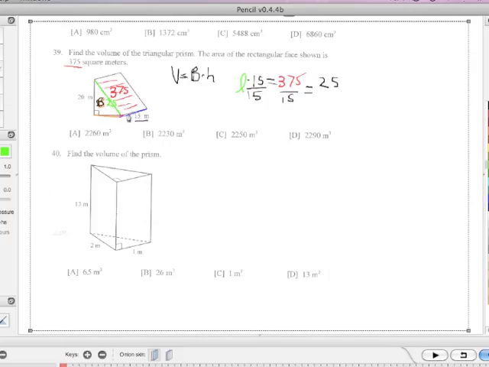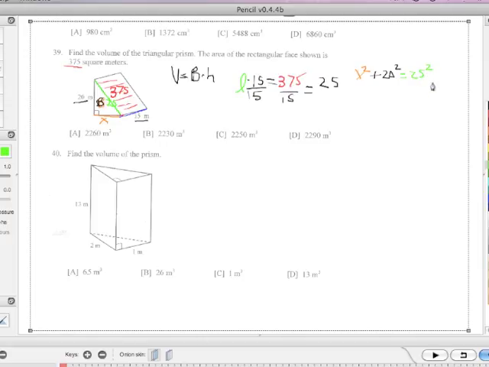Now we use the Pythagorean theorem to come up with this x. We know that x squared plus 20 squared, which is that guy right there, has got to equal 25 squared.